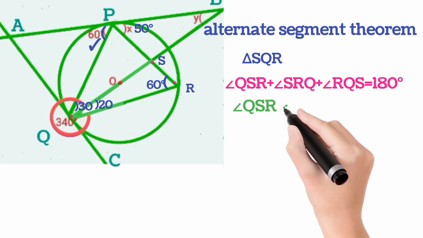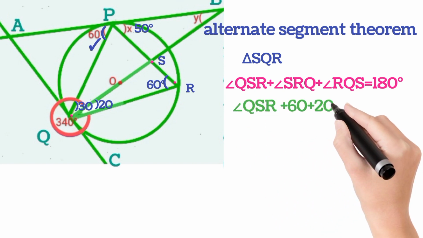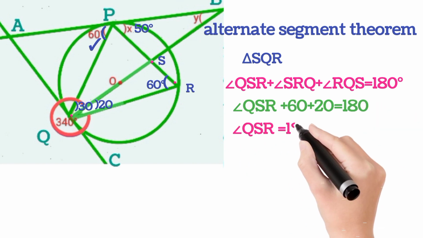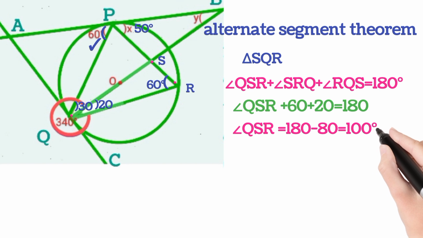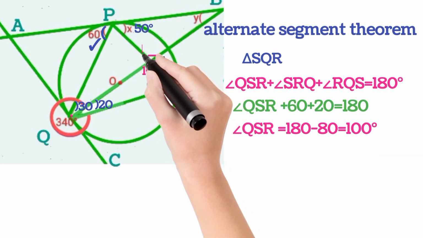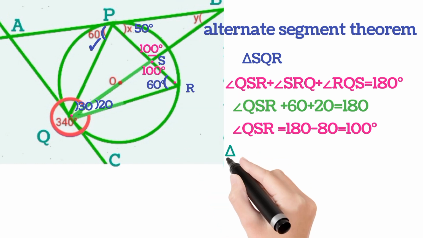Now angle QSR plus 60 plus 20 will be equal to 180 degrees, or angle QSR is equal to 180 minus 80, that is 100 degrees. So this is 100 degrees and this is vertically opposite, so this is also 100 degrees.